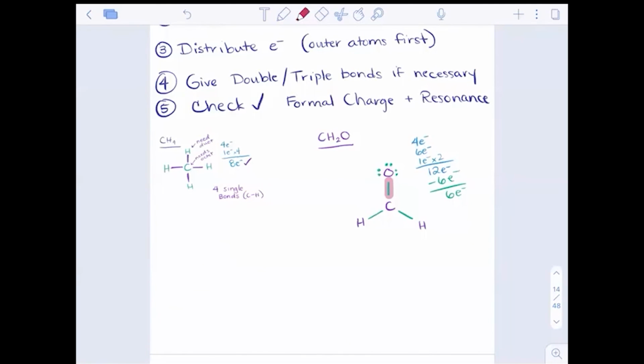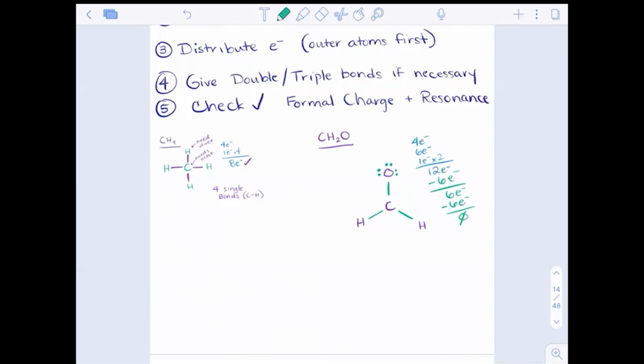Wonderful. We have the 8 electrons around oxygen. So we've also distributed all of our electrons. We distributed 6 more. So if we were to count 2, 4, 6, 8, 10, 12 electrons total in this molecule.